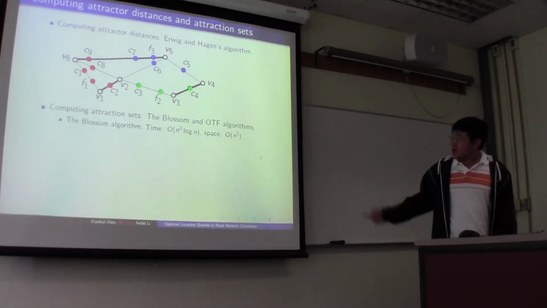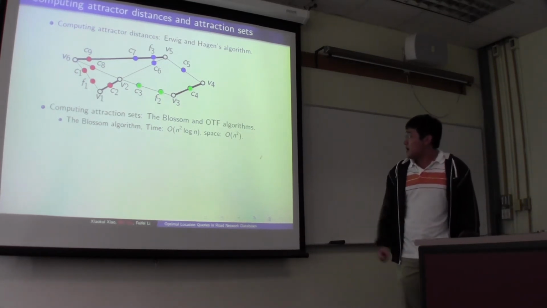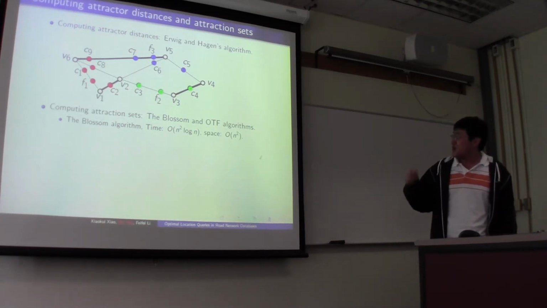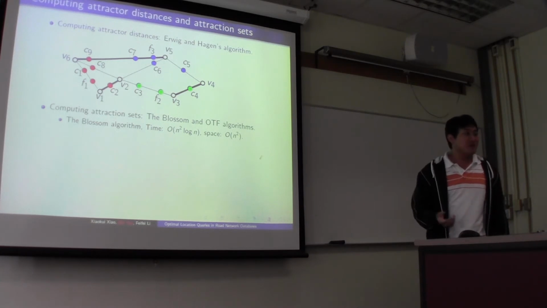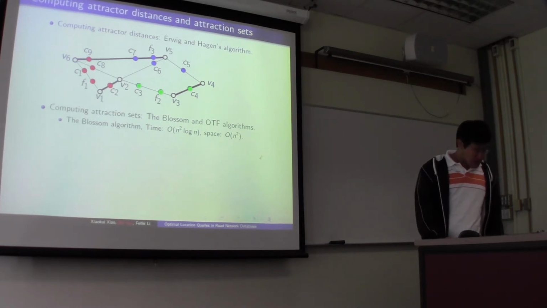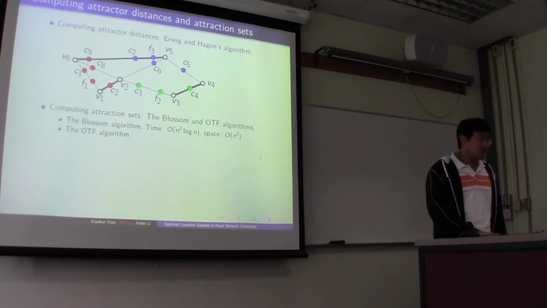So the time complexity is here, and the space consumption is big O n squared. For large n, it's prohibitive. So we propose another algorithm, on-the-fly, to reduce the space overhead.